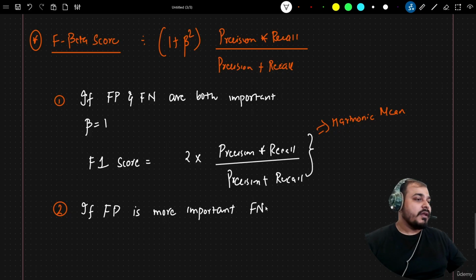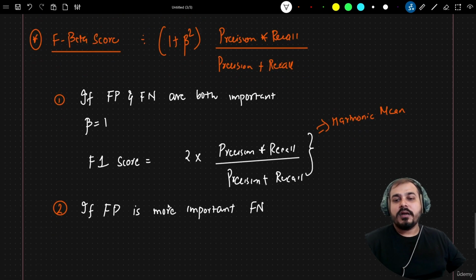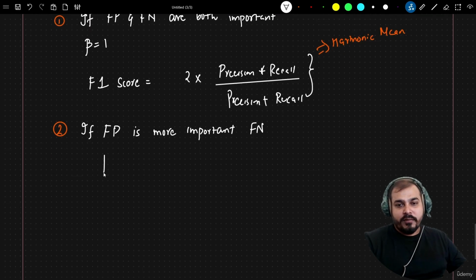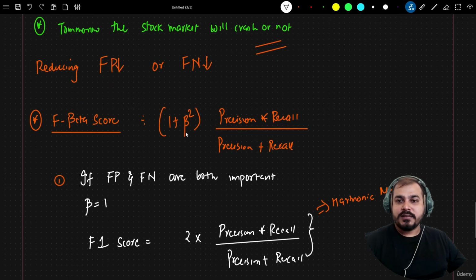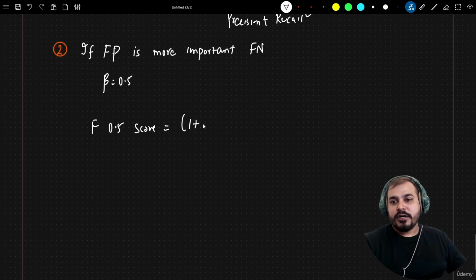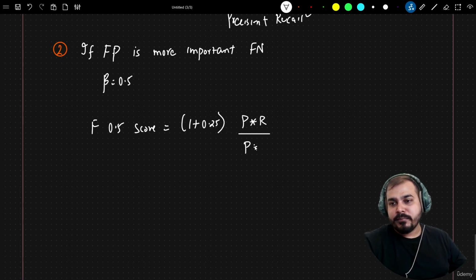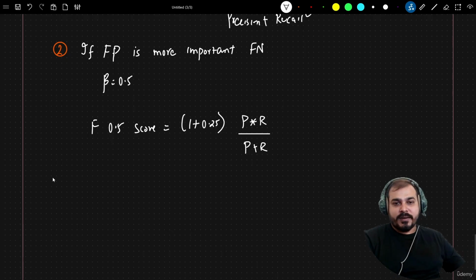In this scenario, we reduce our beta value, so we select beta as 0.5. This F0.5 score is used when FP is more important than FN. Here I get 1 plus beta square, which is 0.25, multiplied by precision times recall, divided by precision plus recall. So this is the formula for this.